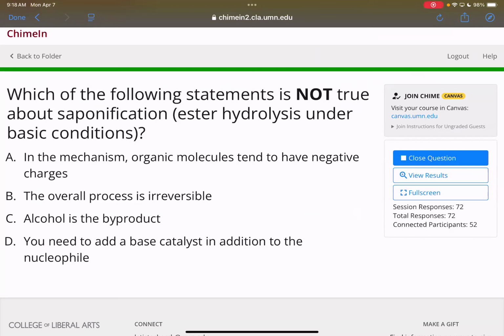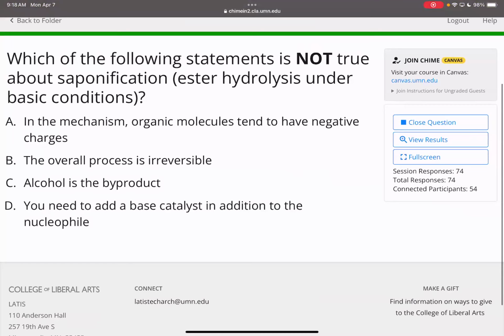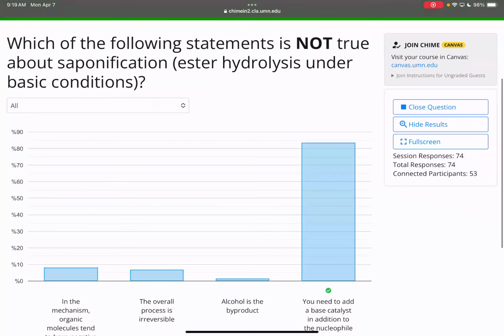Maybe 10 more seconds to get in your answers. All right, let's see what we get. Nice. Excellent. So most people are getting this, right? Under basic conditions, it's not a catalyst.